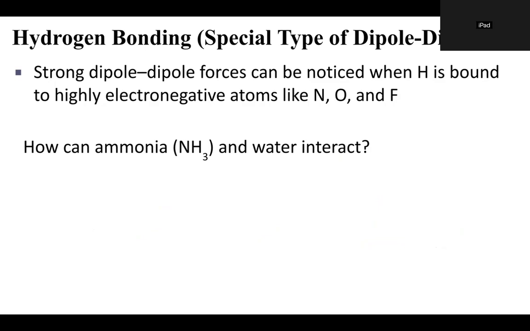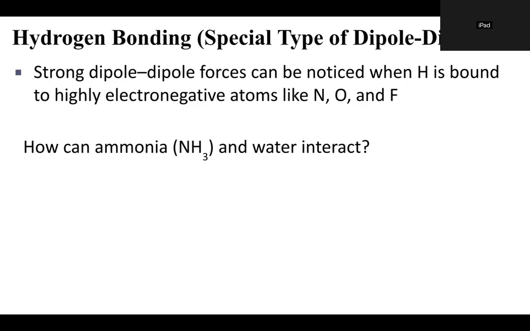So this is a special type of dipole-dipole force that we call hydrogen bonding. And this specifically happens when hydrogen is bound, aka bonded, to a highly electronegative atom like nitrogen, oxygen, or fluorine. So when we see molecules that contain H bonded to N, O, or F, that means not only do they have dipole-dipole forces because in fact they are polar, but they also have hydrogen bonding.